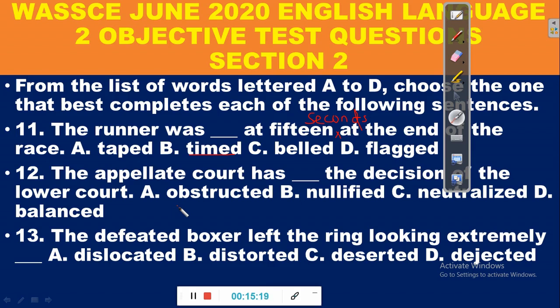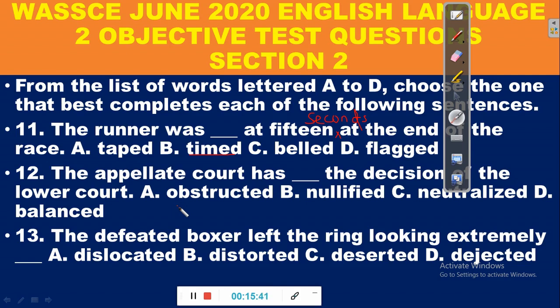You have to be knowledgeable about these words in English, because you need to understand the meaning of a word, and beyond understanding the denotative meaning, you also have to understand its collocative meaning.